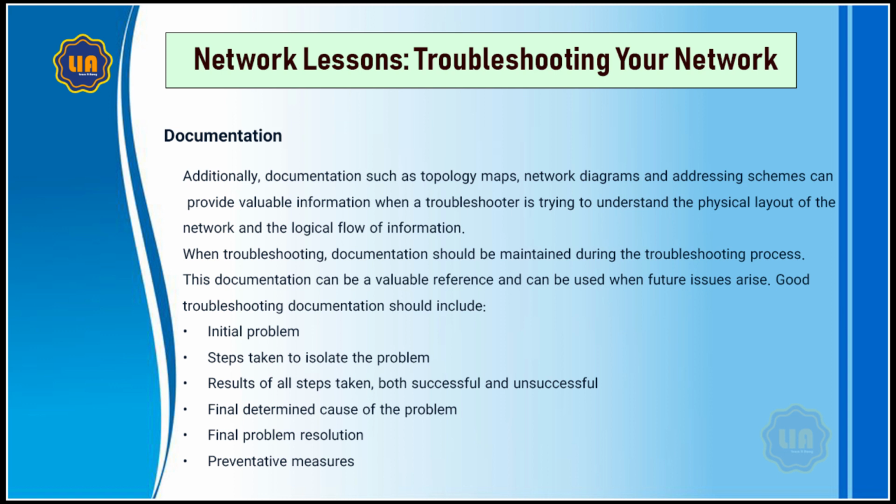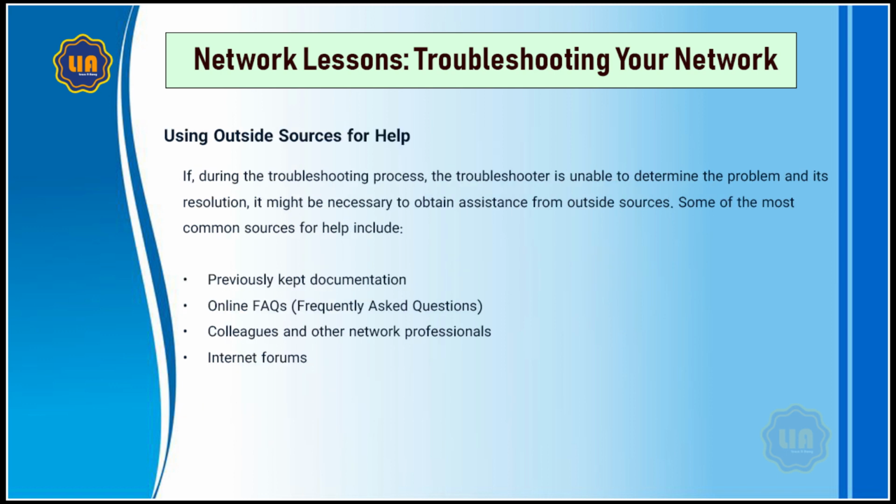This documentation can be a valuable reference and can be used when future issues arise. Good troubleshooting documentation should include: initial problem, steps taken to isolate the problem, results of all steps taken, both successful and unsuccessful, final determined cause of the problem, final problem resolution, preventative measures.